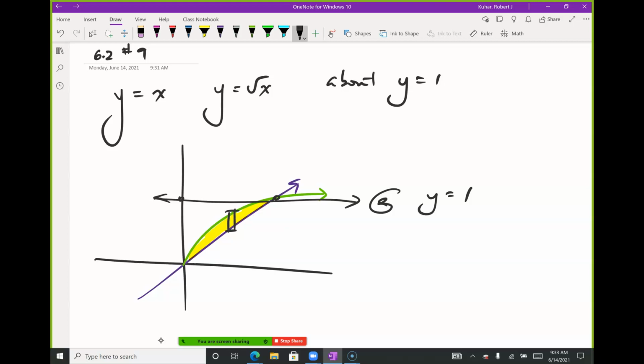Right, so when I'm doing a washer, this is a washer method. How do I know it's a washer and not a disc? Because it's bounded by two equations or two functions. I like that thought. I think that works. If I look at the ghost, right? So rotated 180 degrees, I can see that inner piece is empty, right?